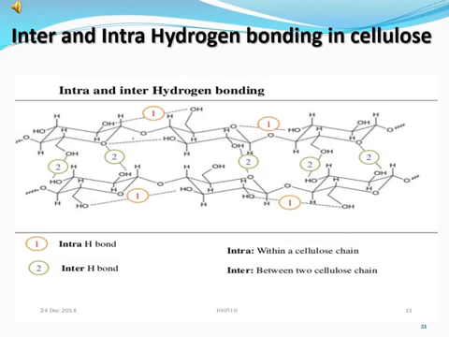The red circle shows the intra-hydrogen bond, whereas the green circle shows the inter-hydrogen bond in the cellulose. Intra-hydrogen bonding means bonding within a cellulose chain, whereas inter-hydrogen bonding is the hydrogen bonding which occurs between two cellulose chains, as shown in the slide.